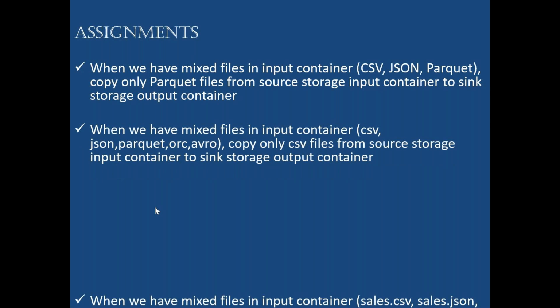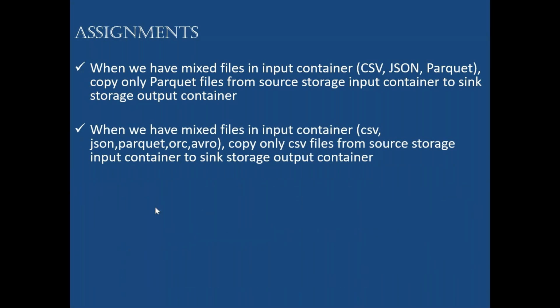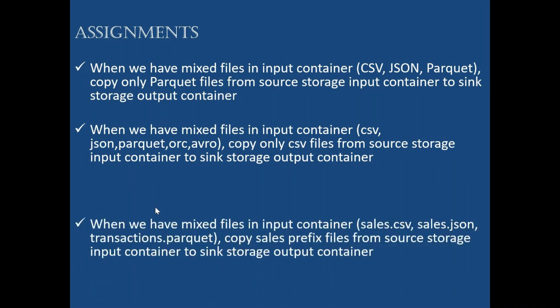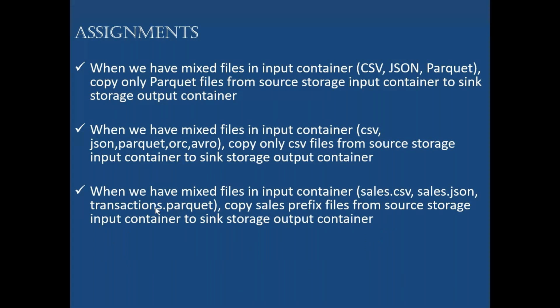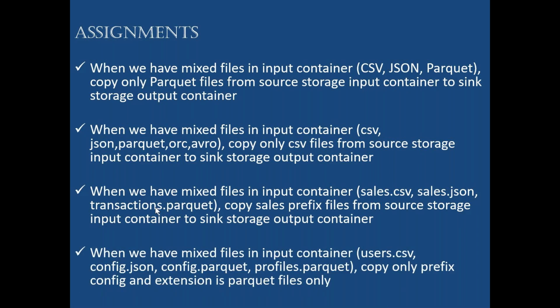When we have mixed files in the input container, copy only CSV files from the source storage input container to the sink storage output container. When we have sales.csv, sales.json and all, copy the sales prefix files from the source storage input container to the sink storage output container. So finally, you have CSV, JSON, Parquet files.